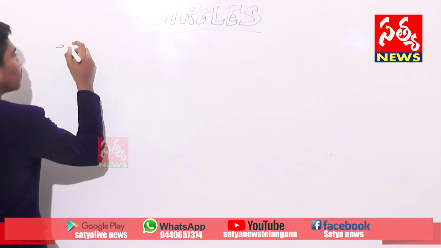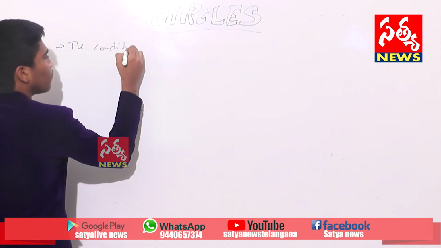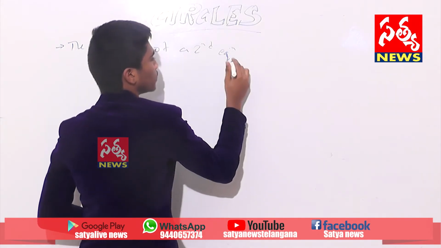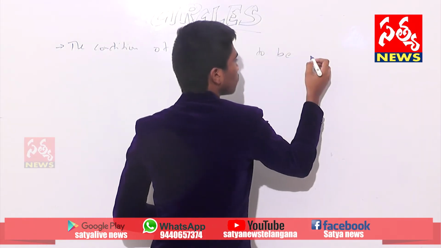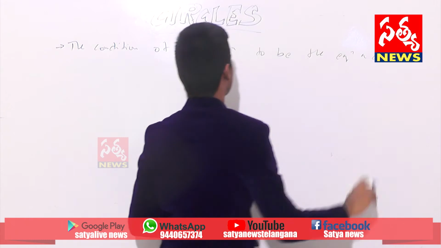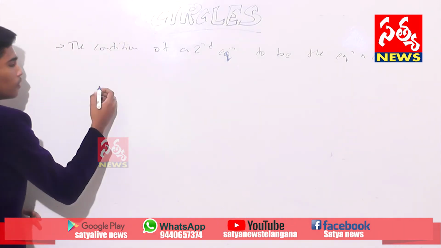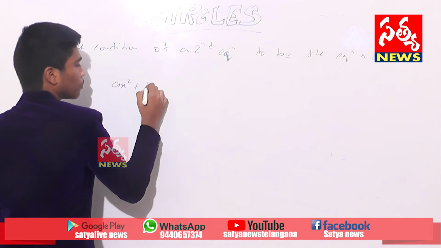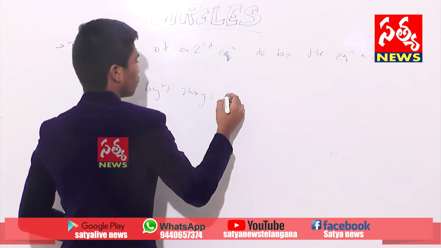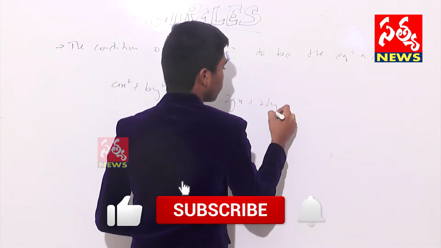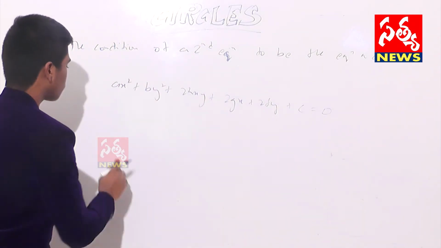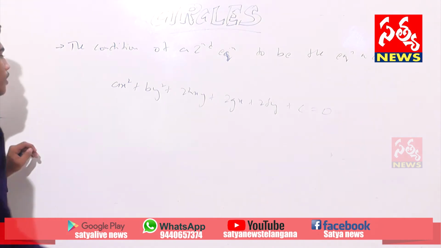And let's discuss the condition for a second degree equation to be the equation of a circle. First of all, the second degree equation is ax square plus by square plus 2hxy plus 2gx plus 2fy plus c equals 0.